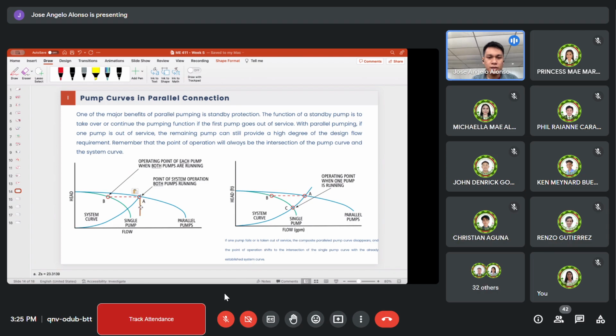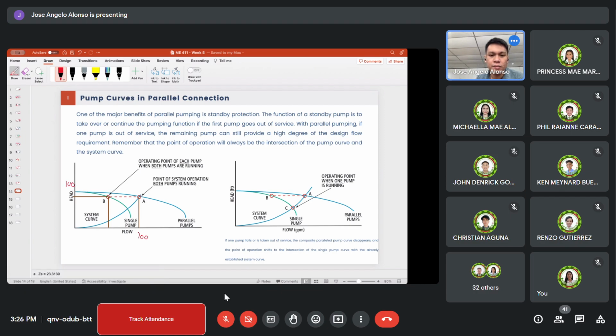Okay, so based from this graph or figure, if our pump is running in parallel connection. For example, the capacity of both pumps is 100 gallons per minute and the total head is 100 feet as well.